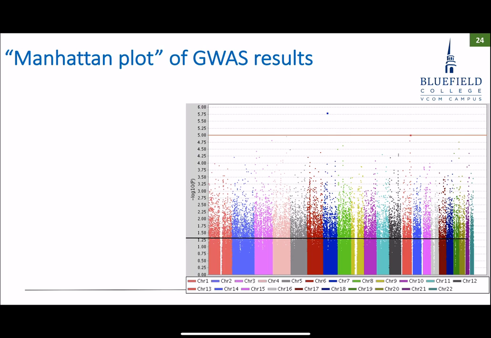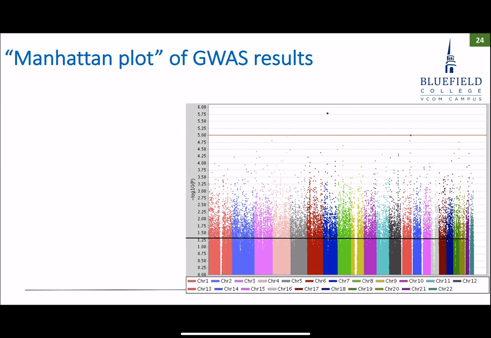And the position is plotted against statistical significance from the test. So here there's some negative log of the p-value. Regardless of what it is, think of it as statistical significance, and the higher the value on the vertical axis, the higher the statistical significance, or the tighter the statistical association between phenotype and the genotype, the marker.